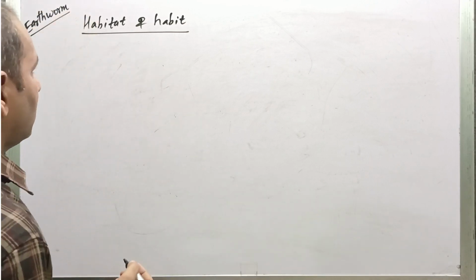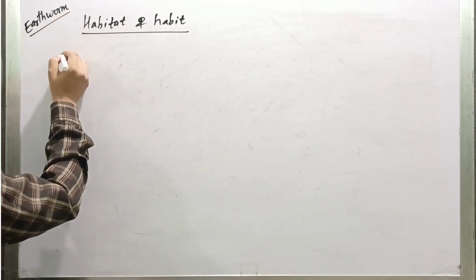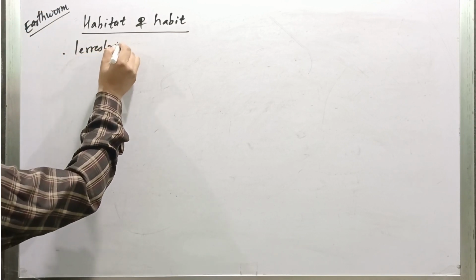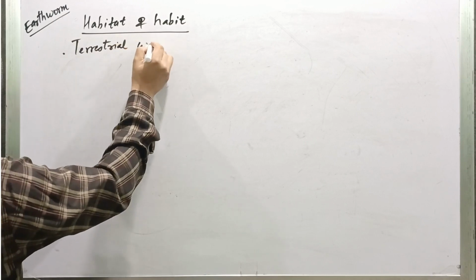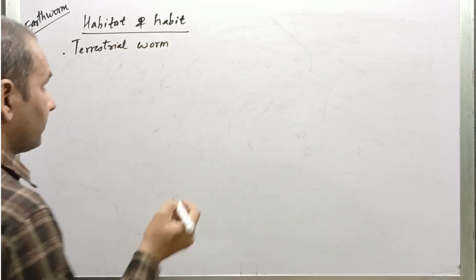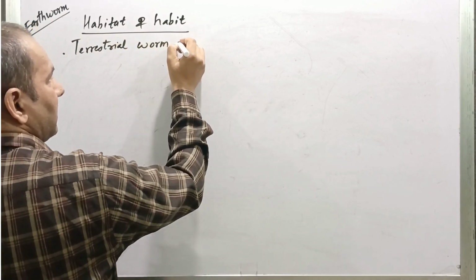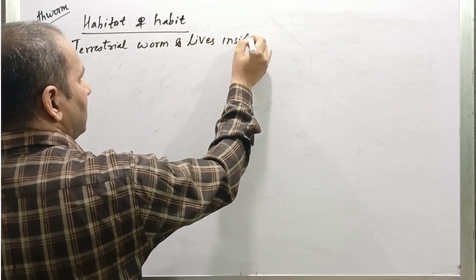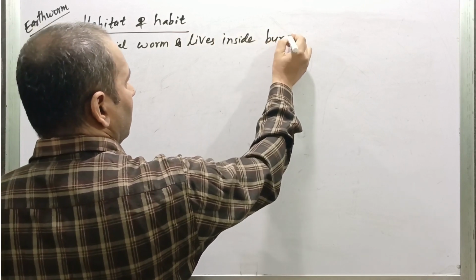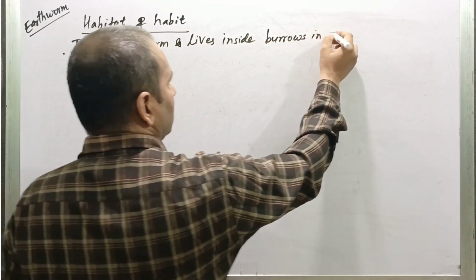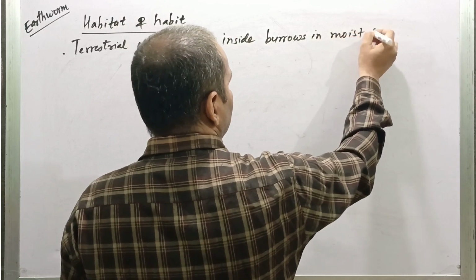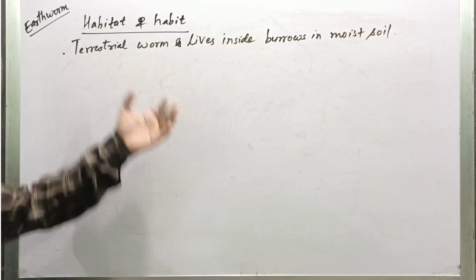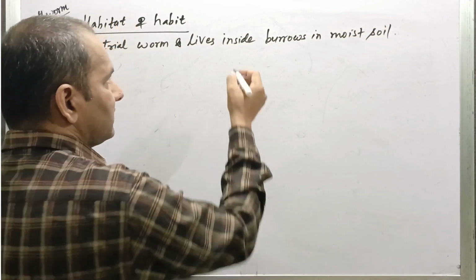In habitat, the earthworms are terrestrial worms and live inside burrows in moist soil. So, the earthworm is a terrestrial worm which lives inside burrows.